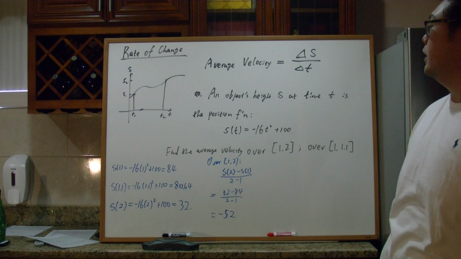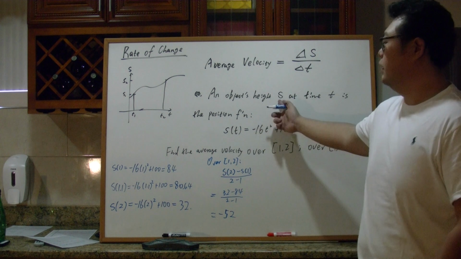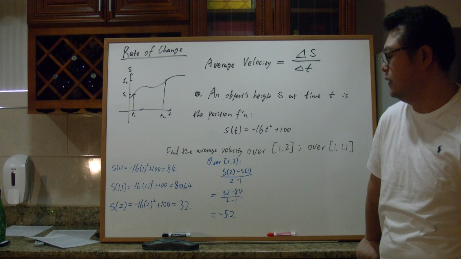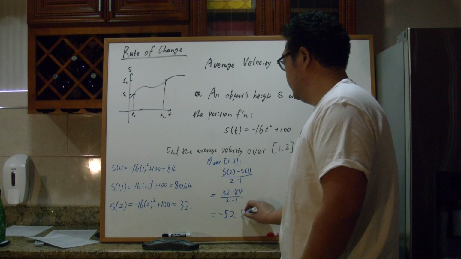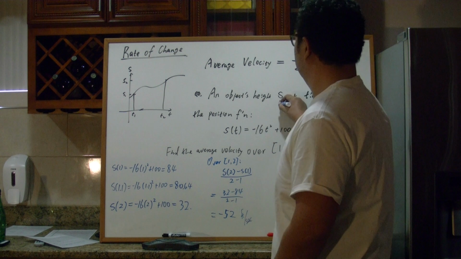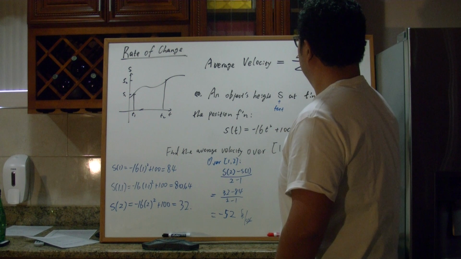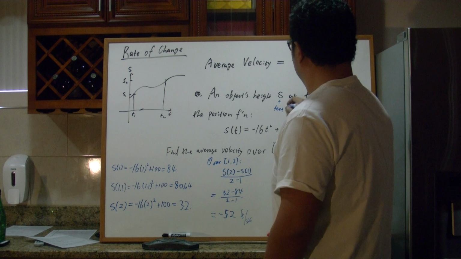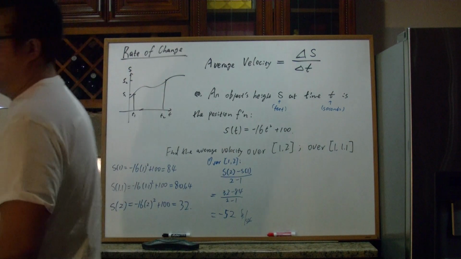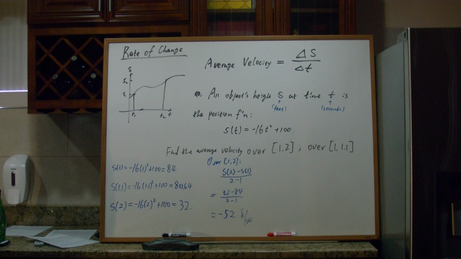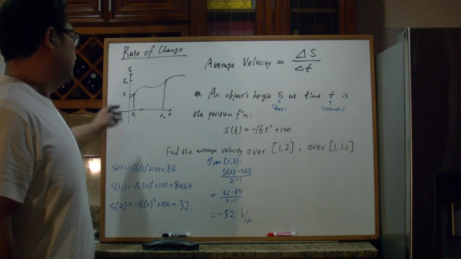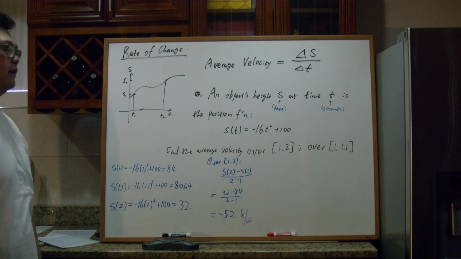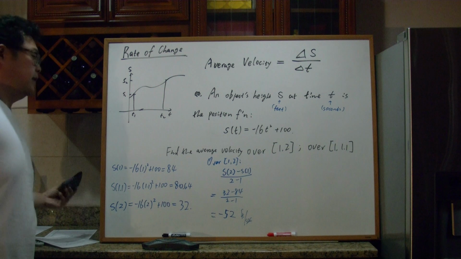I didn't mention the units: the height s is in feet, the time is in seconds. So over 1 second to 2 seconds, we have an average velocity of negative 52 feet per second.